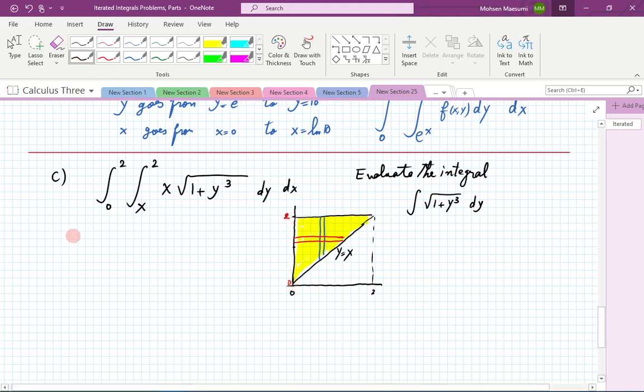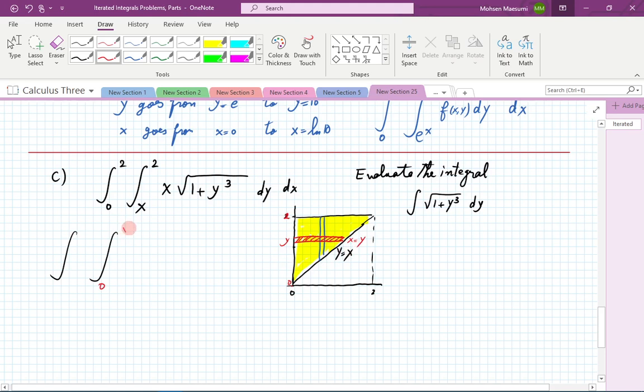So we are going to write this thing. When we switch it and we want to go in the horizontal, well, x starts at what? X starts at 0. Where does it end? At the given y location, my ending location x is just equal to y.